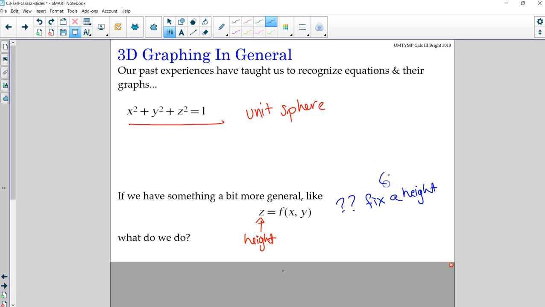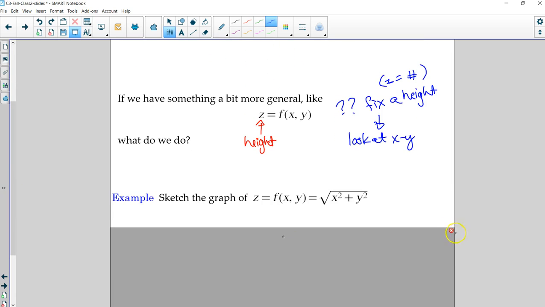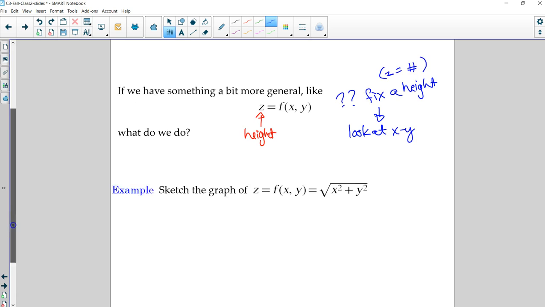By that I mean let z equal a number, and then look at what x and y yield. Because then it's just an equation in x and y, and we can certainly work with that as we have in our previous studies. So let's try that idea here.